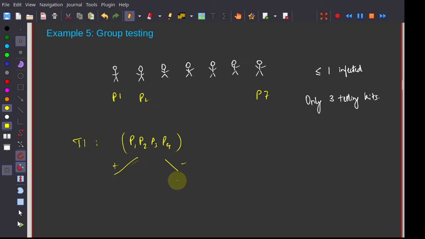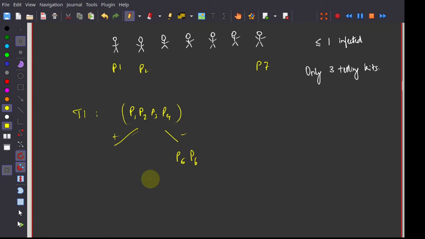So let's say that I test P5 and P6. I know that if one of them is infected, this could return a positive or a negative. If it is positive, then maybe I test only P5.